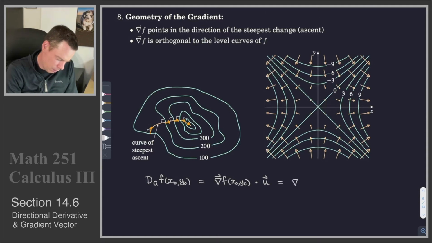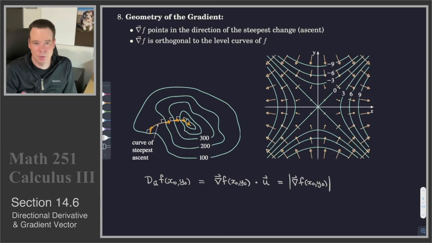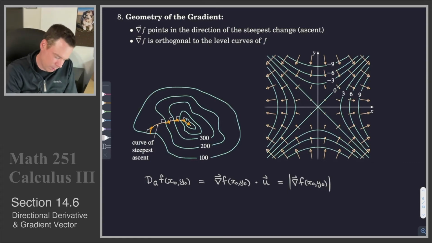Well, we know how big this dot product is because the magnitude of a dot product is just the magnitude of the two vectors, so it's the magnitude of the first times the magnitude of the second. The second one's a unit vector, so its magnitude is 1, times cosine of the angle between them. So this means that the directional derivative is maximum when cosine of theta is maximum.